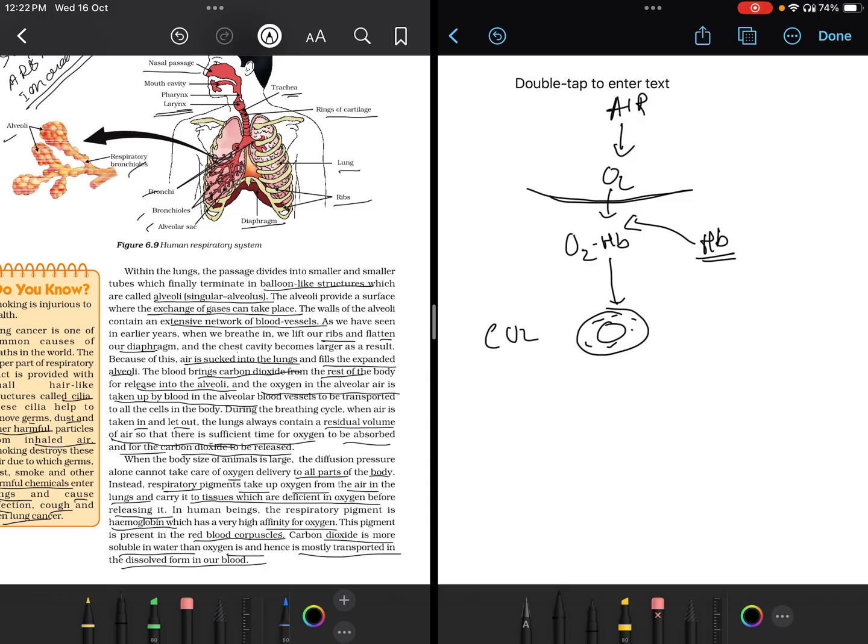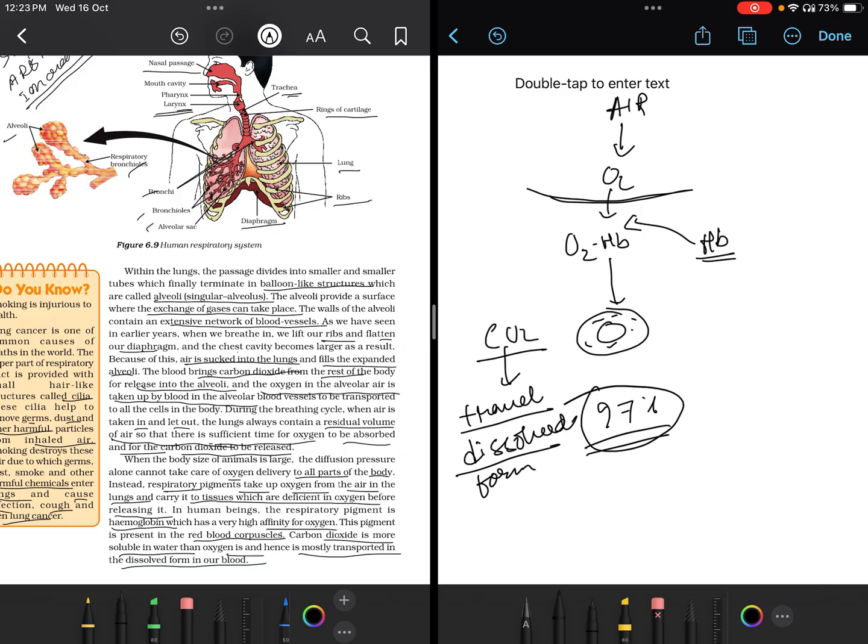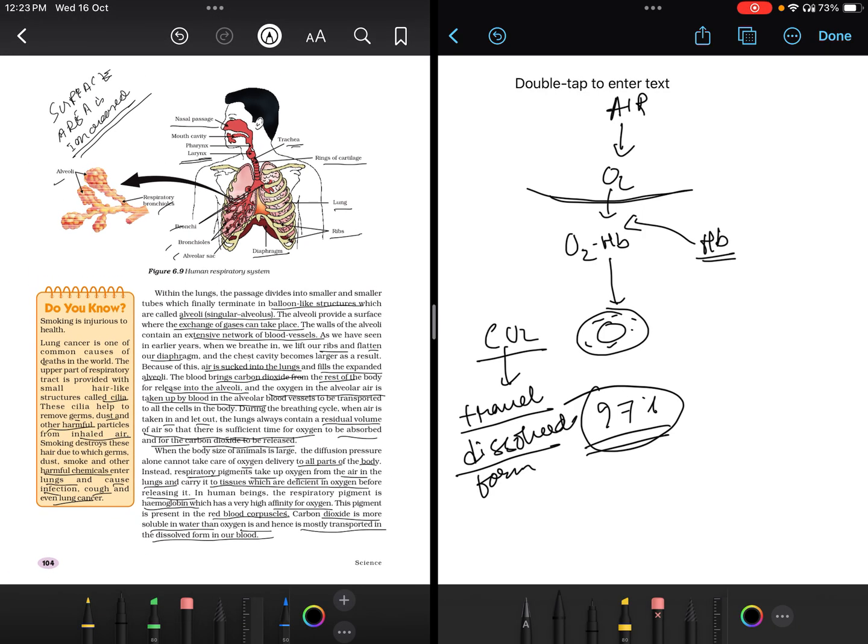When it comes to carbon dioxide, it travels in dissolved form. It can also travel with the help of pigment. You will get this in class 11, but here in your book it is mentioned as dissolved form, because 97% of carbon dioxide travels in dissolved form. So you have to remember this, and I hope it's clear to all.